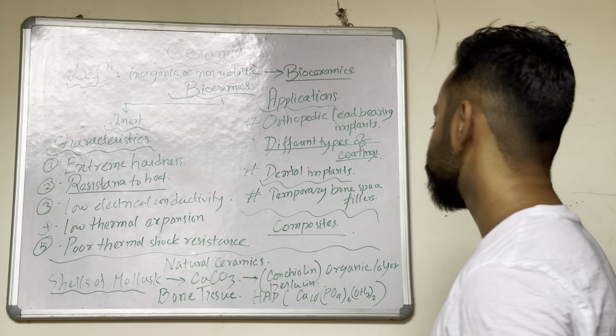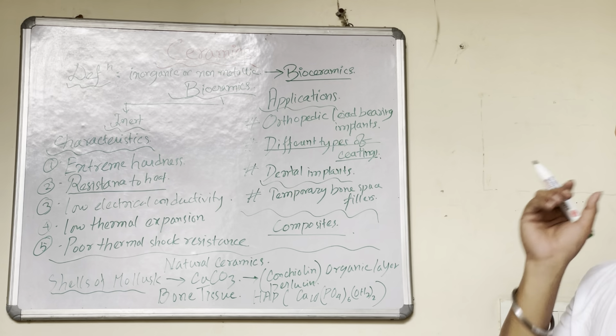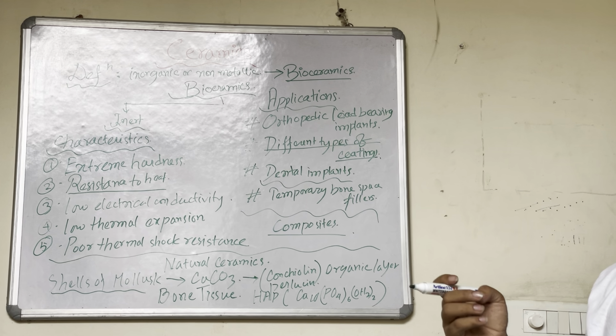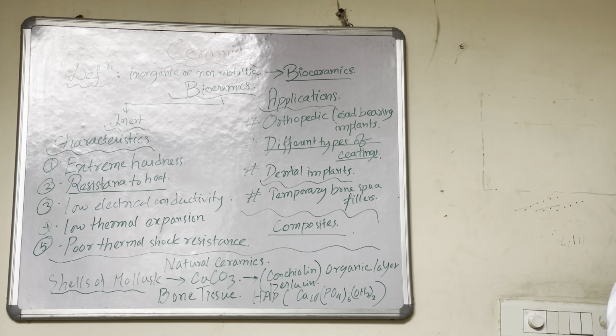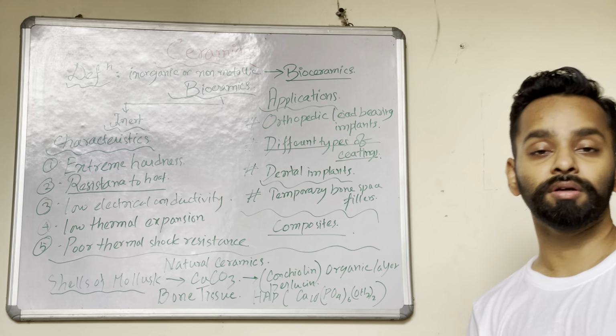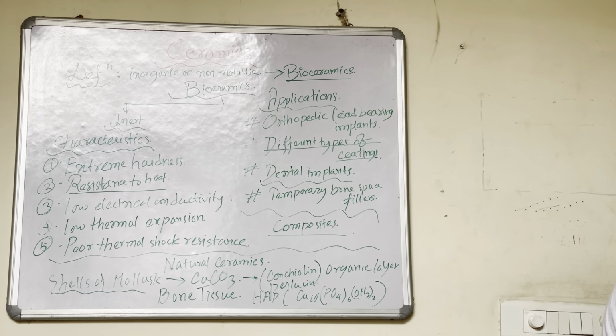Now these hydroxyapatite materials are used for fabricating a wide range of scaffolds with different properties, and also they can be made into composites with other types of materials. So these are used for making bioceramic scaffolds for supporting the repair or regeneration of bone tissues.